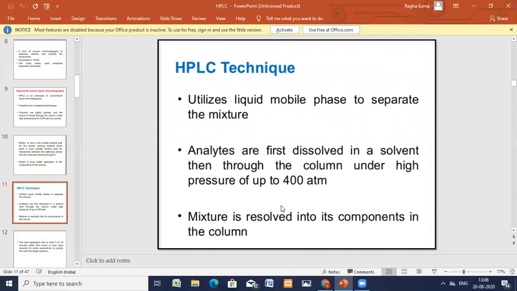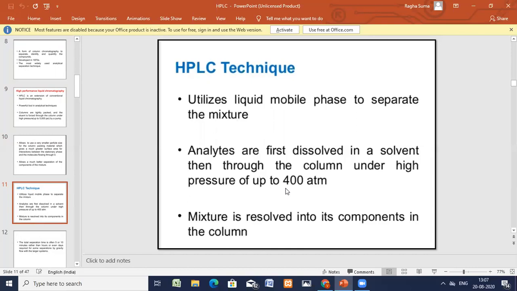Now, the HPLC technique utilizes a liquid mobile phase to separate the mixture. Analytes are first dissolved in a solvent, then pushed through the column under high pressure of up to 400 atmospheres.